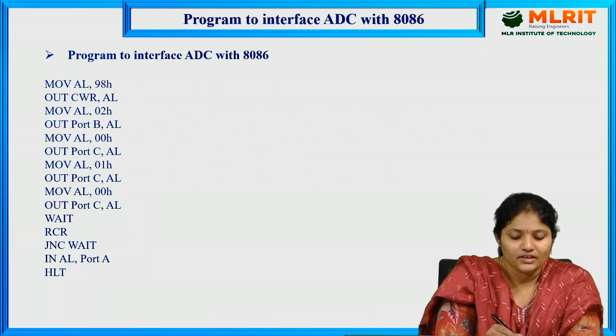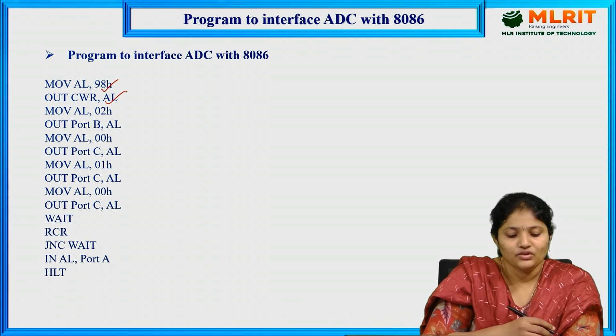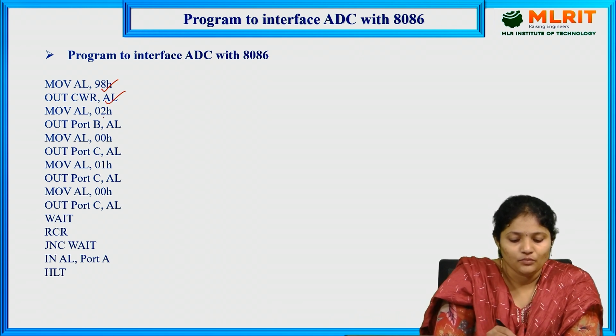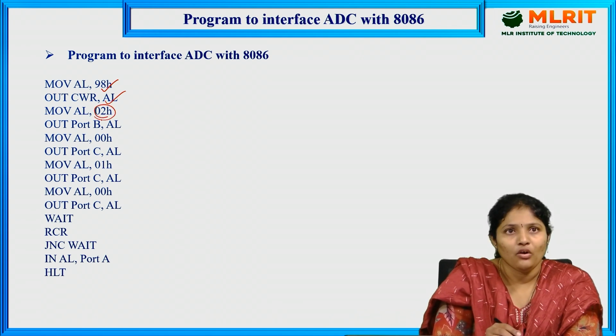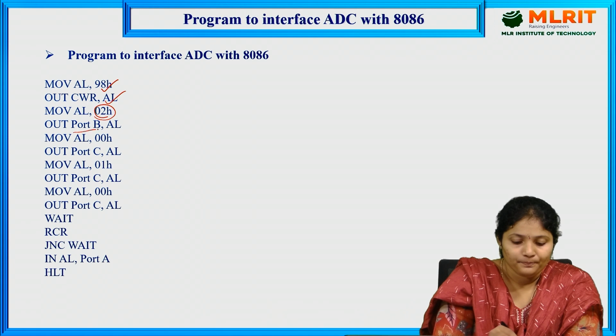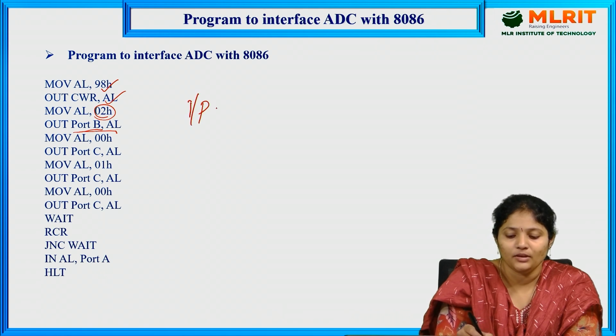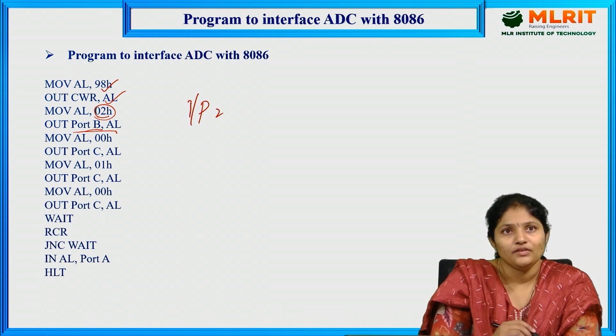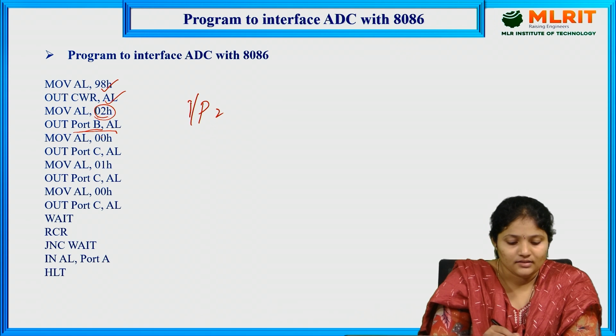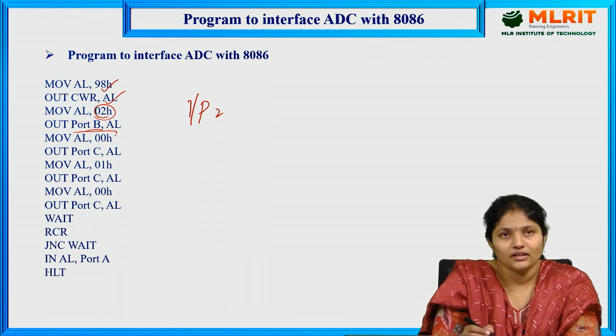So first we load 98H, and next AL is moved with 02 because of port B. What is port B? We are taking input in port B. What is the input we need to convert? Input 2, they have mentioned input 2. That's why we take 02. Next, we need to send the signal to start the conversion.